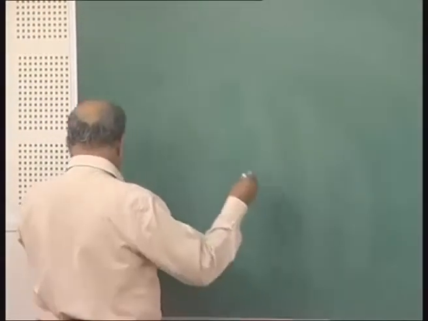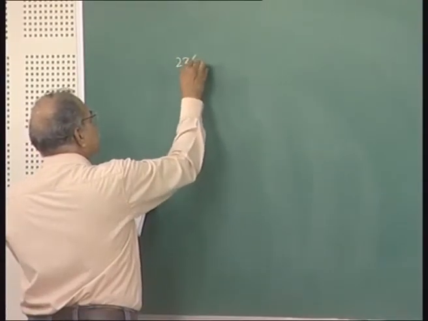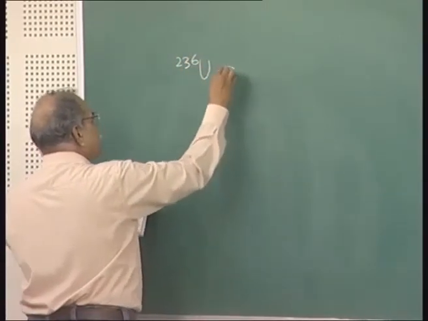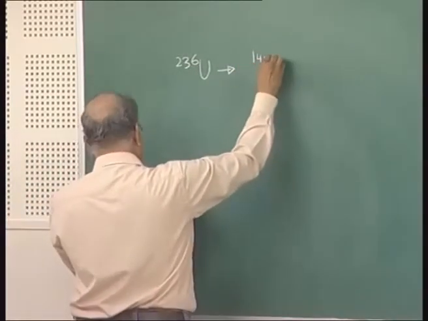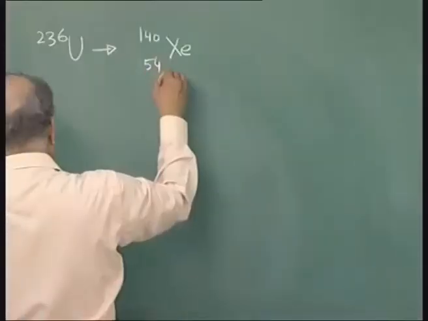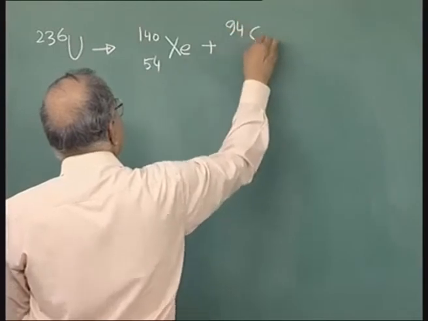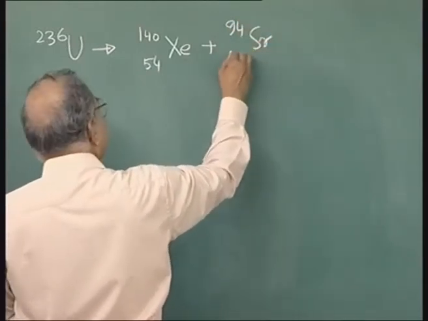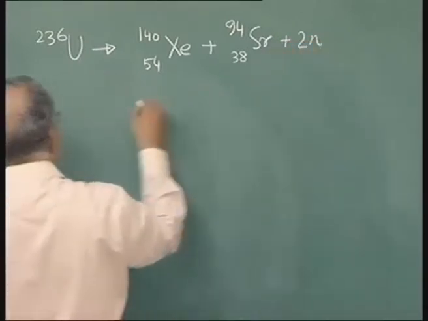So, some reactions are as follows. This uranium 236 splits into 140 xenon, Z is 54, plus 94 strontium 38, and 2 neutrons are emitted.